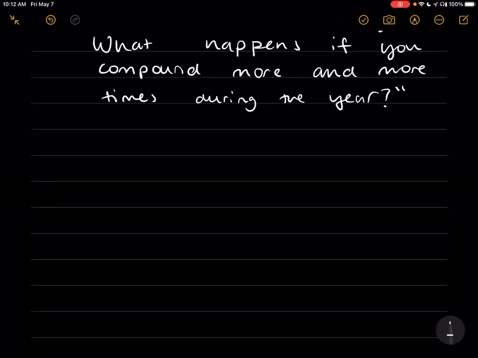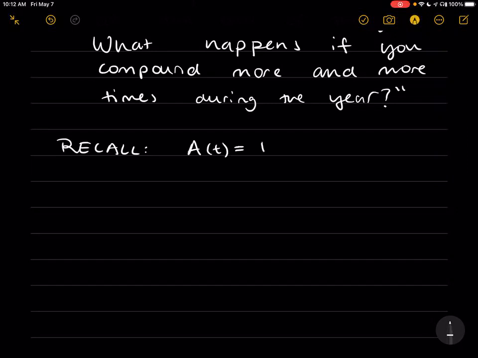To understand how this ties back to e, recall that the formula for compounded interest is A of t equals P times (1 plus r over n) to the nt, right? So let's say our P was $1, our principal, we invested $1 at the beginning.